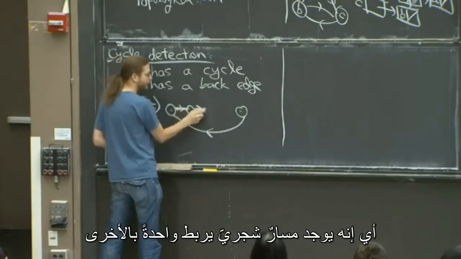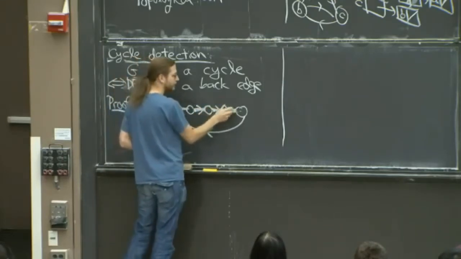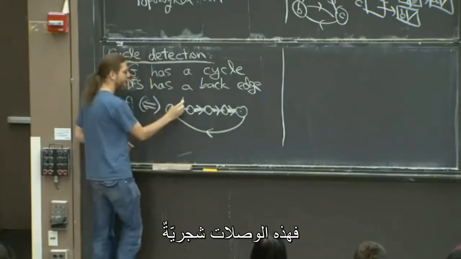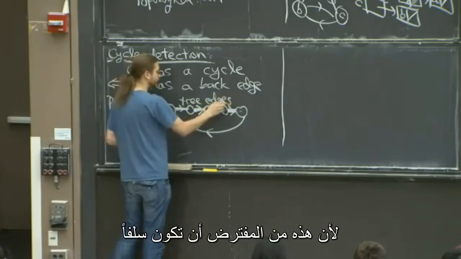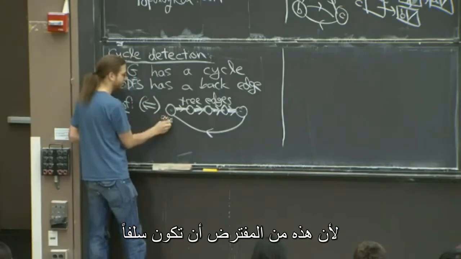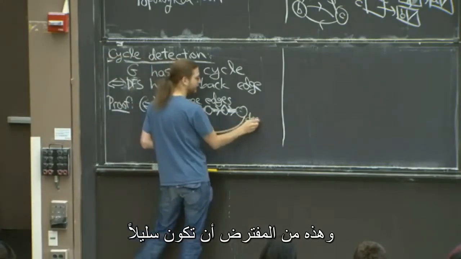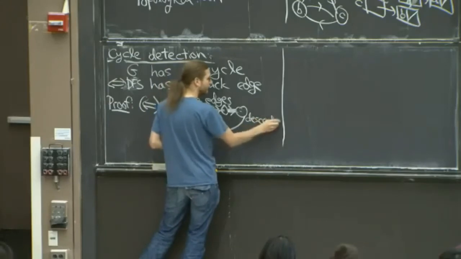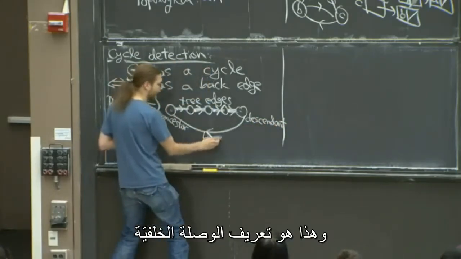There's a path, a tree path, that connects one to the other. Okay, so these are tree edges, because this is supposed to be an ancestor, and this is supposed to be a descendant. And that's the definition of a back edge.